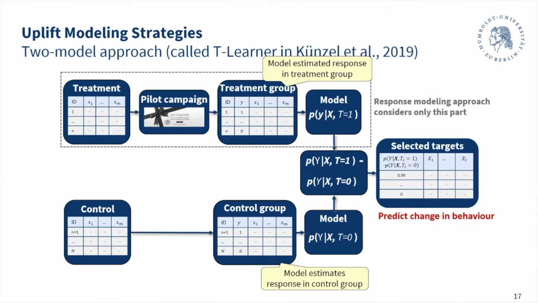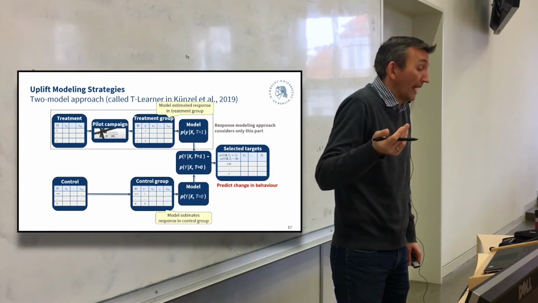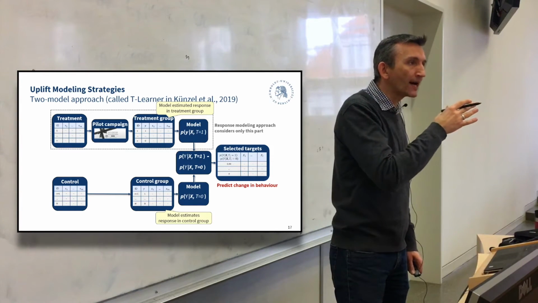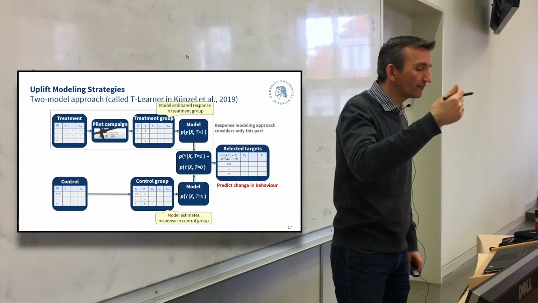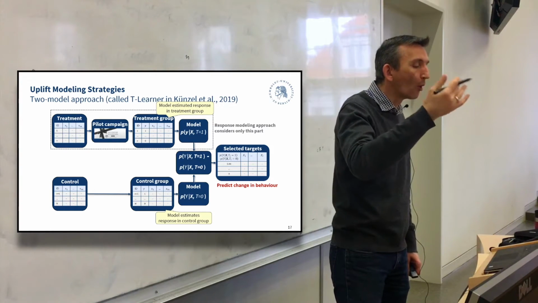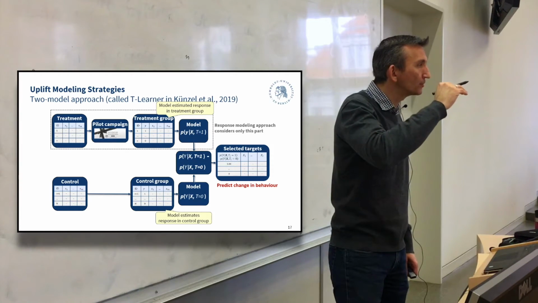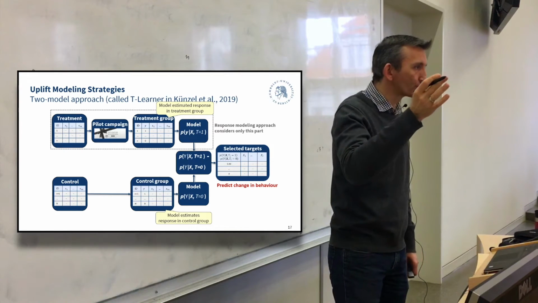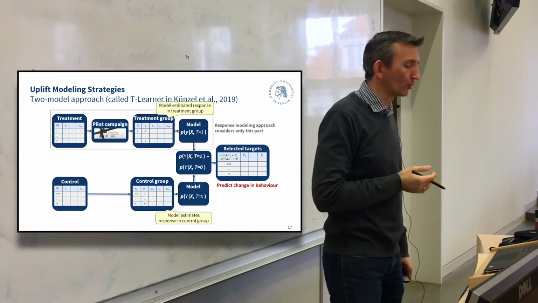A classical way in marketing where this is in fact common practice: you have a treatment and control group, you run a pilot campaign in the treatment group, and there you observe how many people bought. Let's say our outcome is buy, and in the treatment group everybody was treated with our marketing action, got a voucher, was exposed to a new layout of our website. Whatever the action was, doesn't matter.